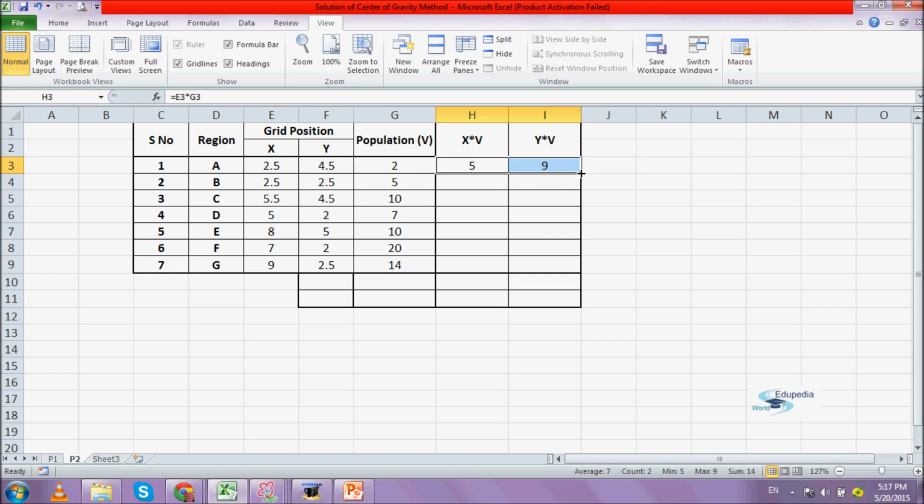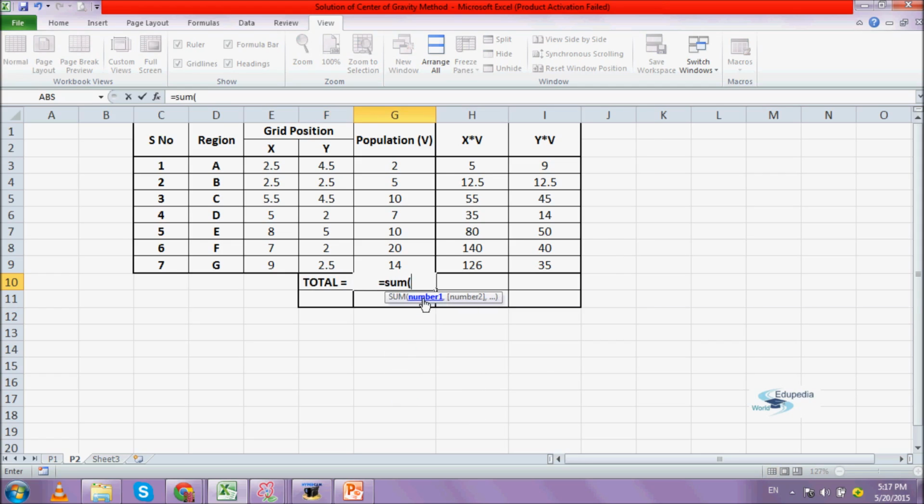Let me drag this down to all these 7 regions. Fine, we have the values, and then I need to find the sum total of all of these, and the total population also. So now we have the total values of all the 3.